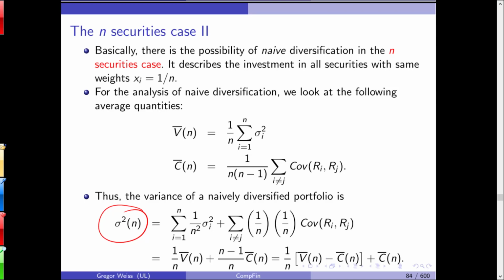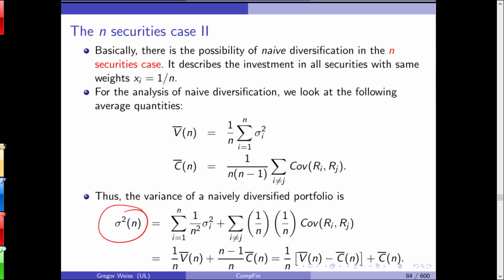Now, one would think that if I were only to buy into 1,000 stocks, I will be able to diversify my risk to a portfolio risk of 0. If I have 1,000 assets, one would naively think, well, only by including more and more assets in my security portfolio, I can reduce risk to 0.